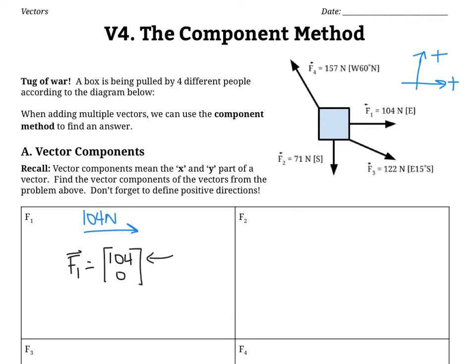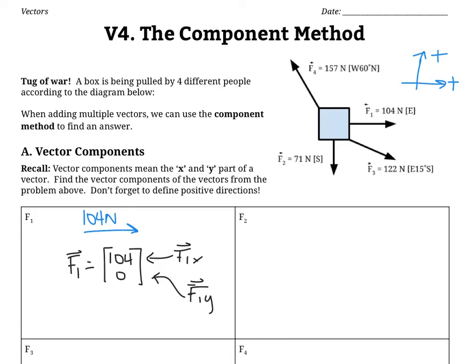If we wanted to break this down, we would call this F1x, and this here would be F1y, the y component of the F1 force. So that's our first vector broken up into its 2 components, F1x and F1y.